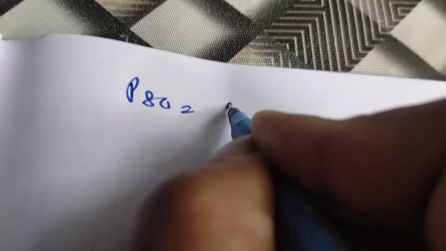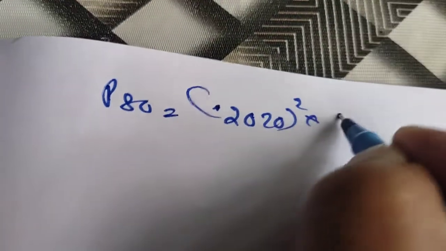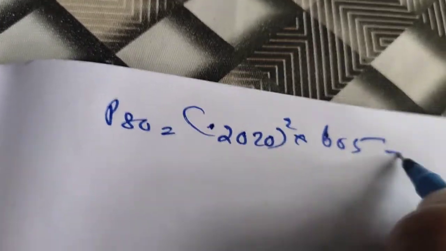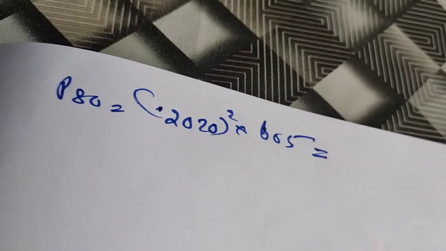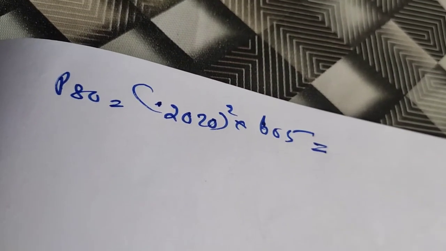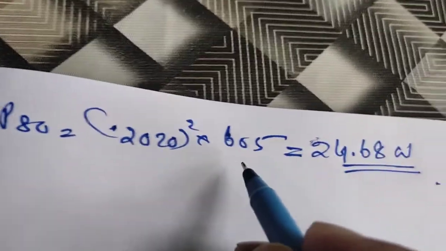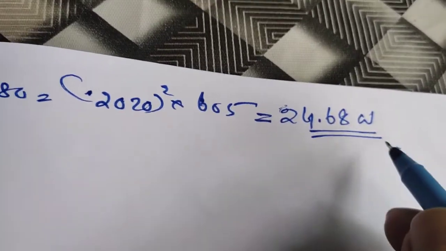And now power dissipated across the 80 watt bulb, P80. In the same way, 0.2020 squared into R80, which is 605, equals 24.68 watt.